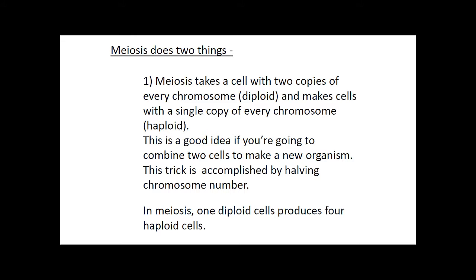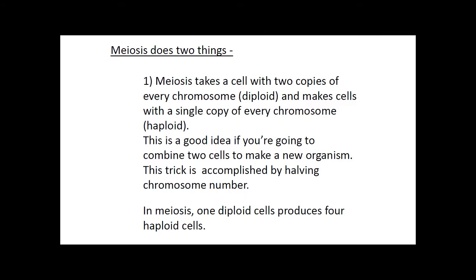Then shouldn't the daughter be monoploid? I'm not sure of the etymology of haploid. Polyploidy is a very real thing, but we're not going to talk about it right now.